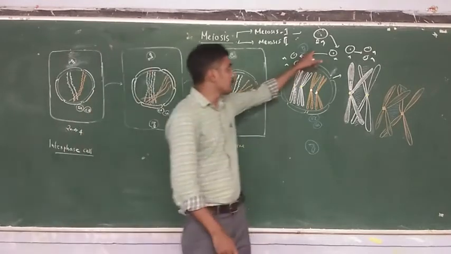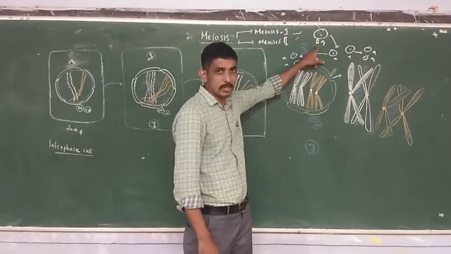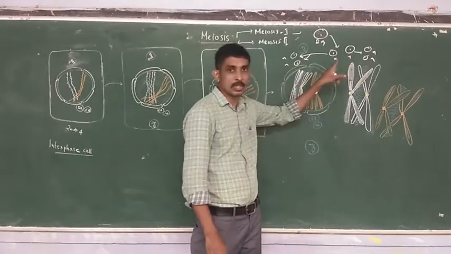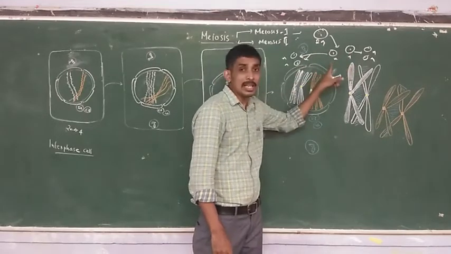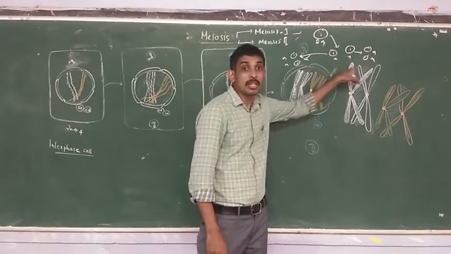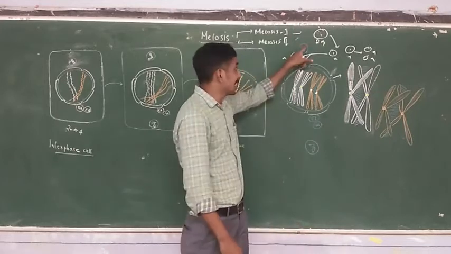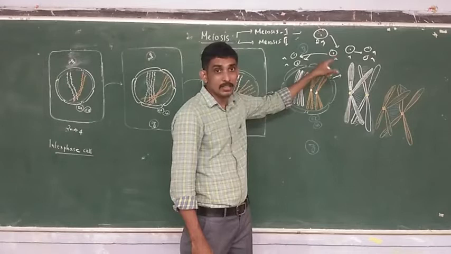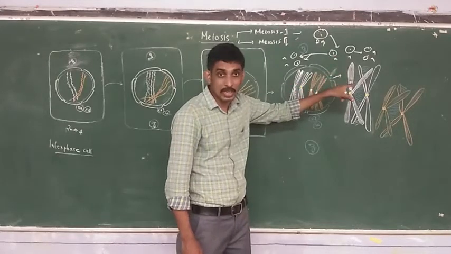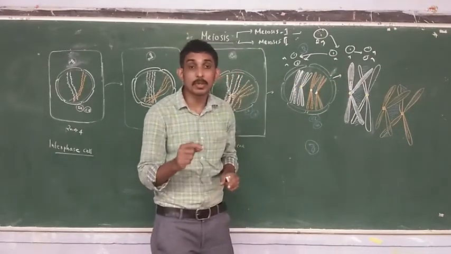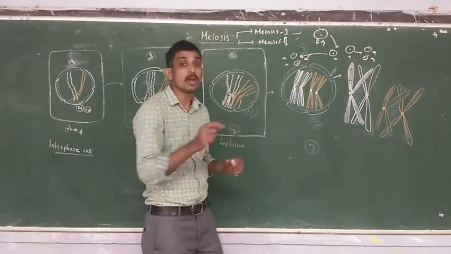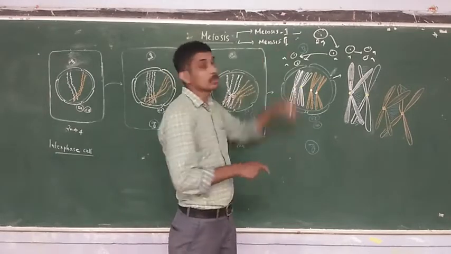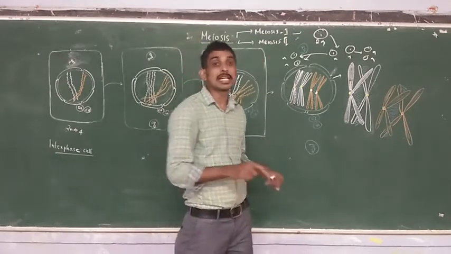In meiosis 1, a diploid cell, that is 2n, is divided into 2 cells, and those 2 cells are haploid in nature. Here the diploid cell is divided into haploid cells, that is, the chromosome number is reduced to half. That is why meiosis 1 is also called reduction division.